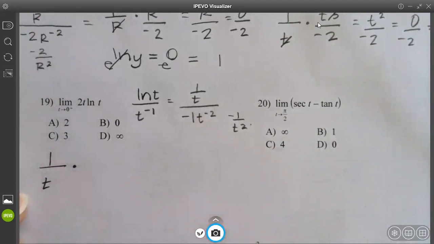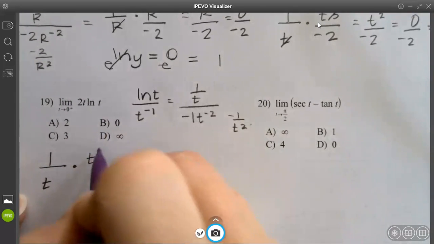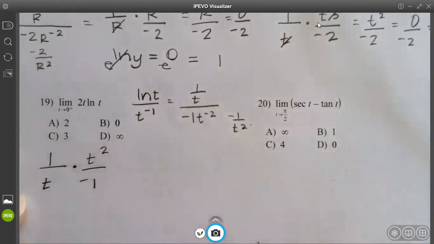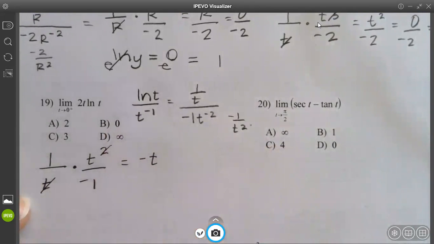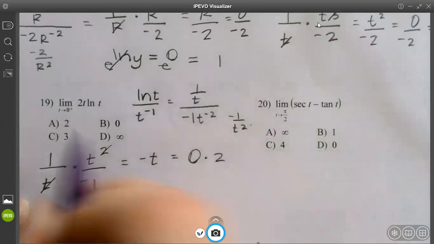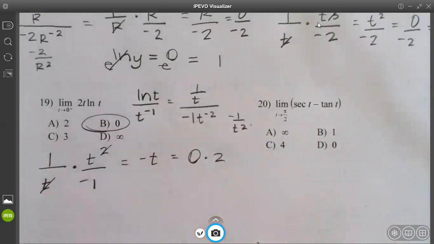So we're going to flip and multiply. T squared over -1. One t will cancel out, which gives you -t. Plug in 0, and then you're done with the problem. Multiply by 2, doesn't matter.